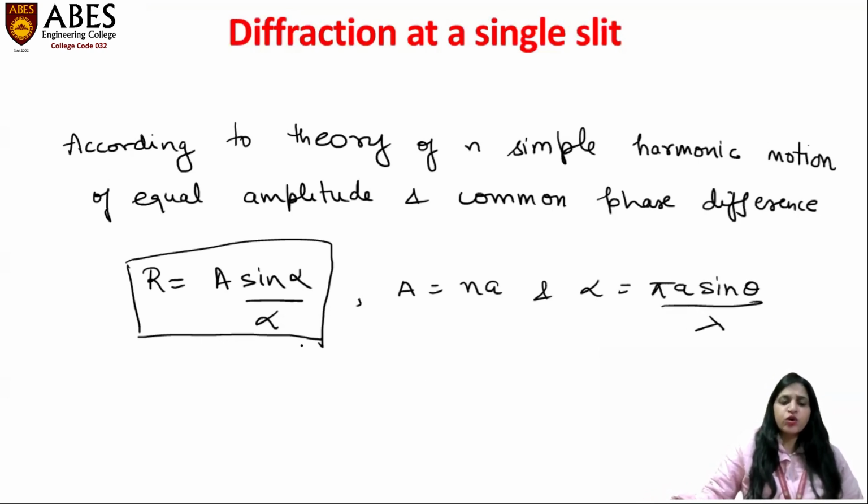So now this value of R, this value of resultant amplitude, is very, very important in calculating the expression for the intensity distribution due to Fraunhofer diffraction at a single slit. So this is very important to be remembered, equation number 4, because the resultant intensity is what we are trying to calculate. So if amplitude is R, then what is intensity?